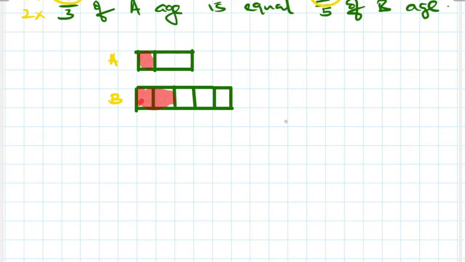So if you were to draw it now, you will get 1, 2, 3, 4, 5, 6. One, 2, 3, 4, 5. 1, 2, 3, 6. 6, right? Then here is 2/5, right?